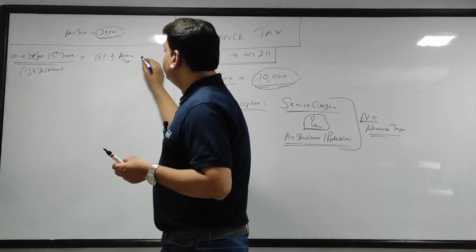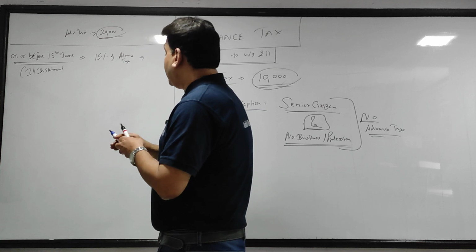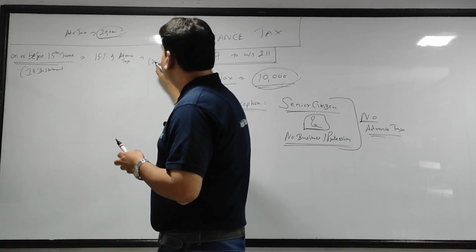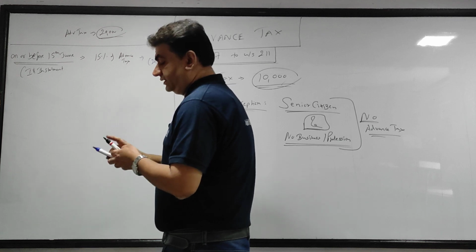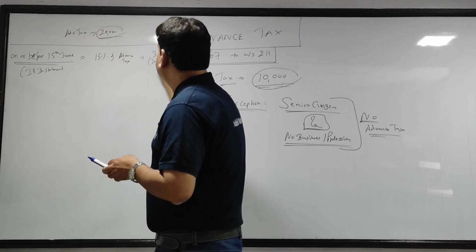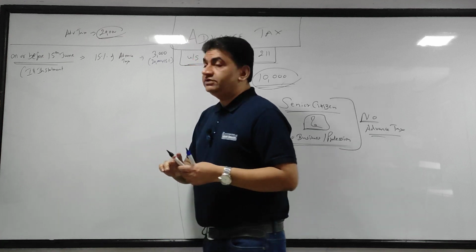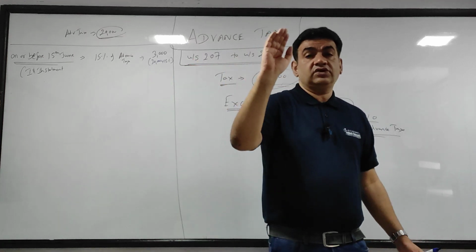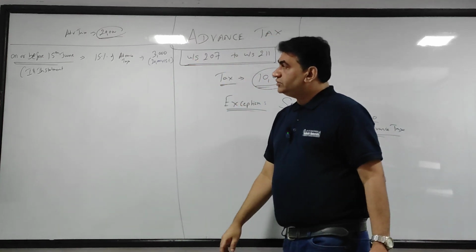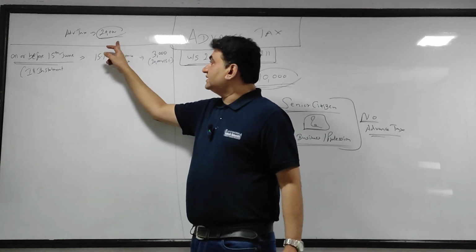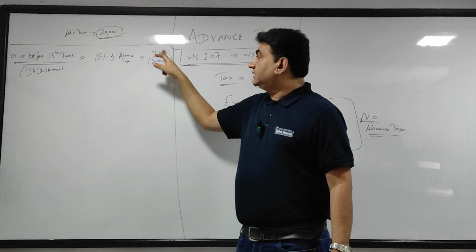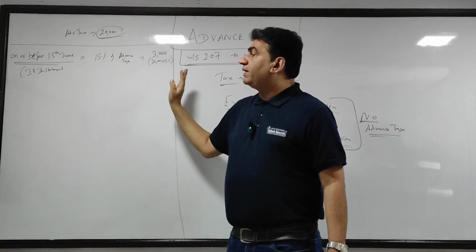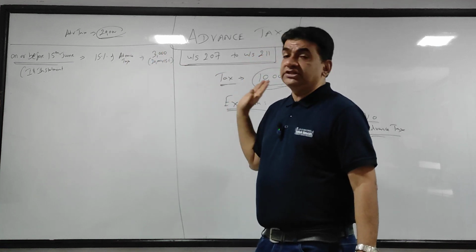On this day na 15 June, I will have to pay 20,000 ka 15%, that is 3,000. Okay, I'm just putting hypothetical figure to make your concept clear. Suppose मेरा advance tax 20,000 है. So 20,000 का 15%, 3,000 I'll have to pay on or before 15.